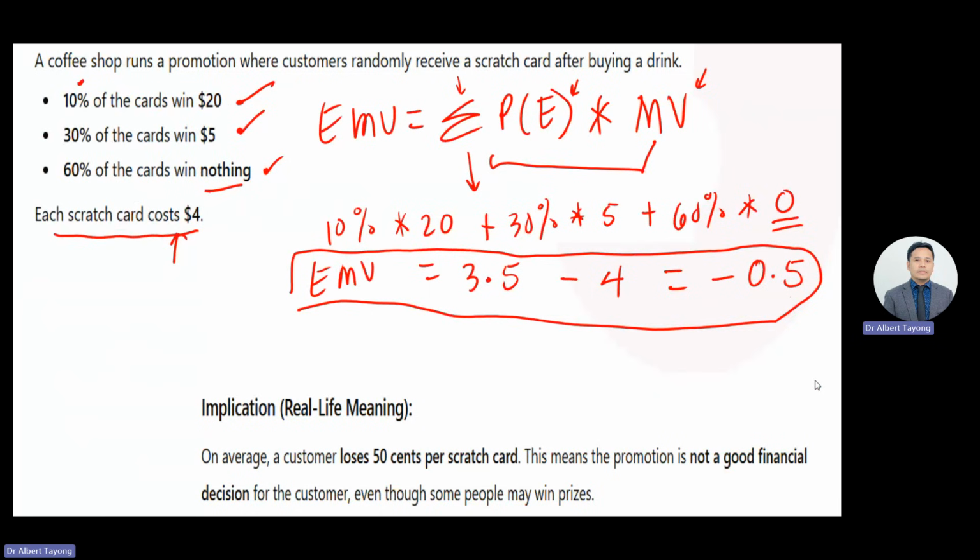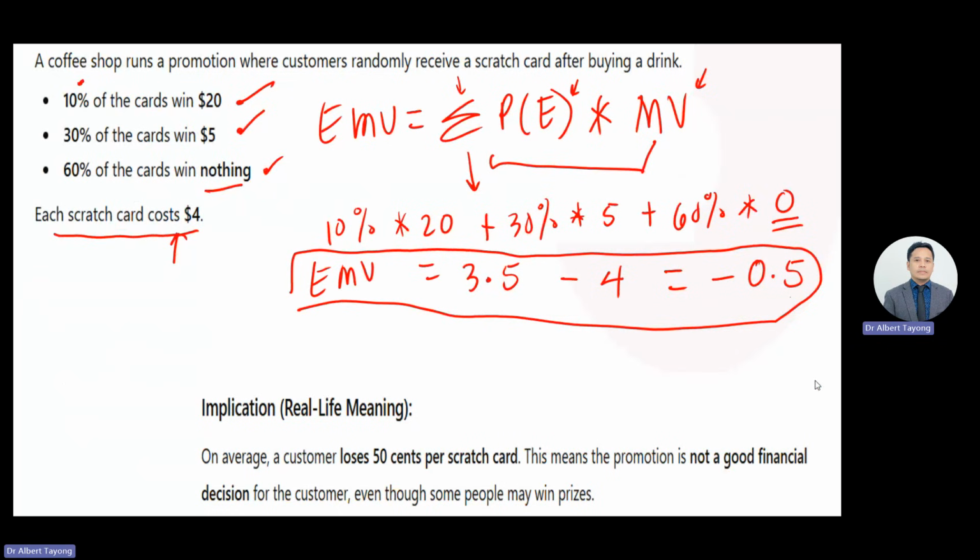Of course, randomly people are winning. But in the long run, if you keep on repeating this, for example, a large number of times, most likely you're going to lose, and that is negative 0.5. So in dollars, it's like 50 cents.